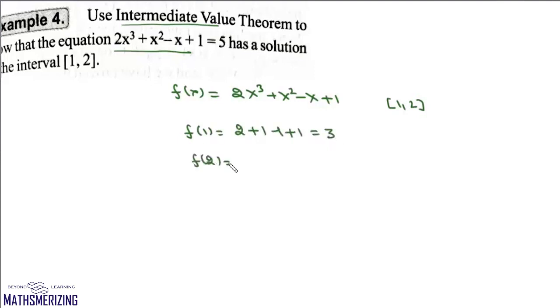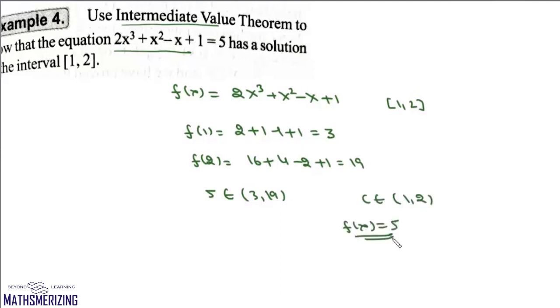And if we find f(2), f(2) is 16 + 4 - 2 + 1, which is 19. Now this 5 lies between f(a) and f(b). That means from intermediate value theorem, we can say that there exists a point c in the interval 1 to 2 such that f(x) equals 5.